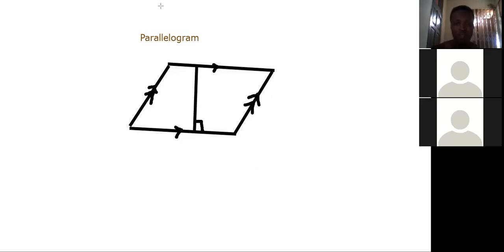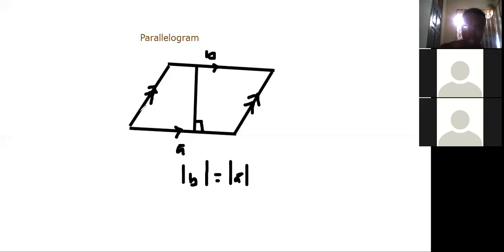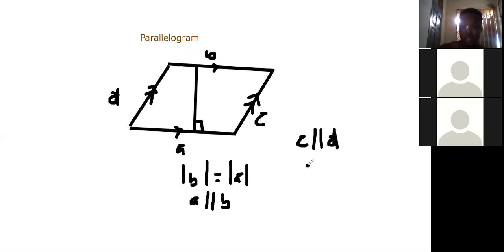So, for instance, if here is B and here is A, then distance B is equal to distance A. Also, we can say that A is parallel to B. Now, if here is C and here is D, then C is also parallel to D, and distance C is equal to distance D.